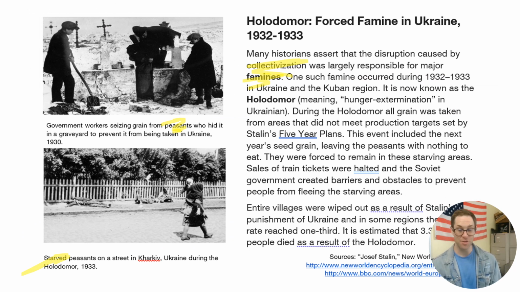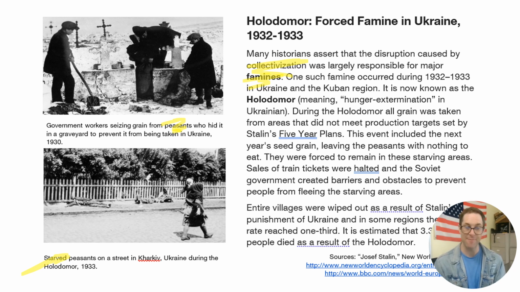He would also use terrible tactics, one of the worst human rights violations that we've studied, the Ukrainian Holodomor. The collectivization of farms led to famine. The Russian government would take all of the food from the Ukrainian farmers, and they would forcefully starve them because they would not listen to Joseph Stalin.